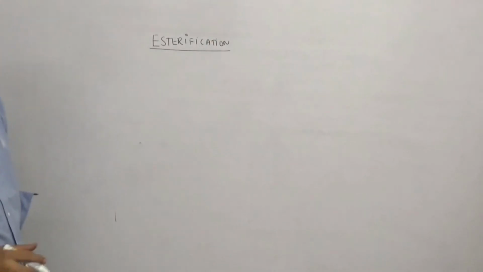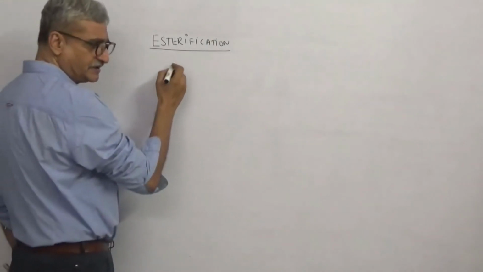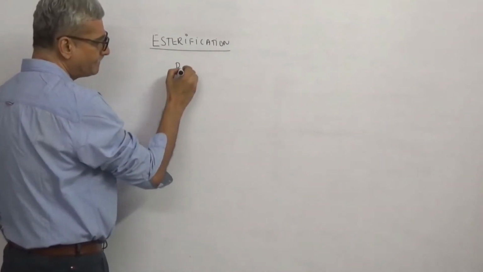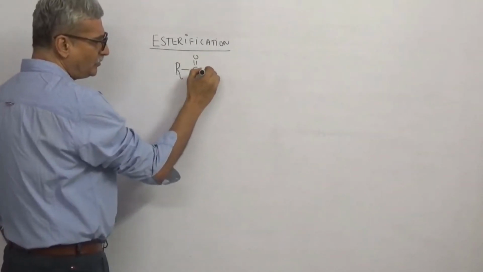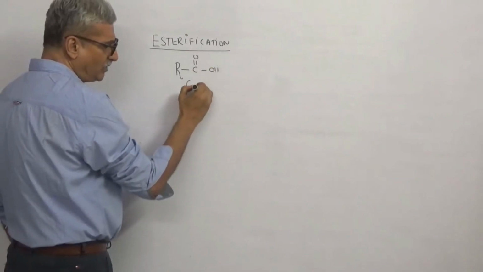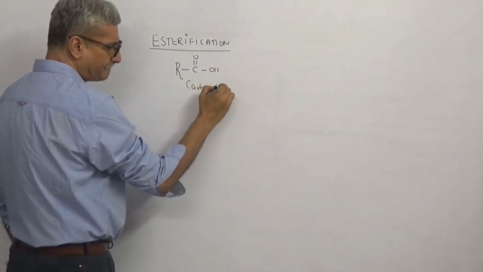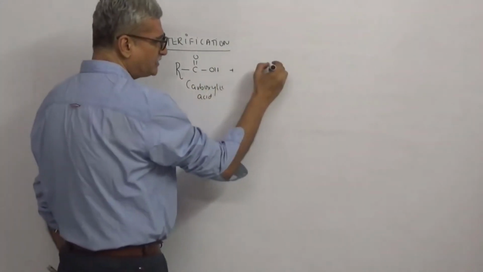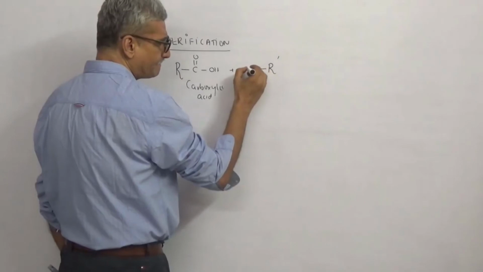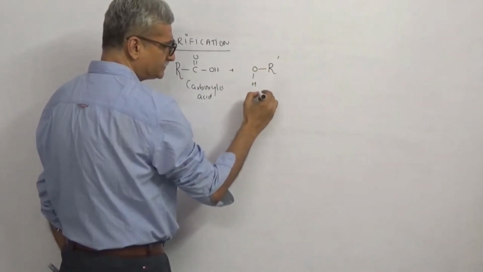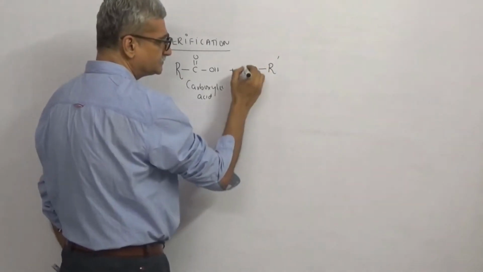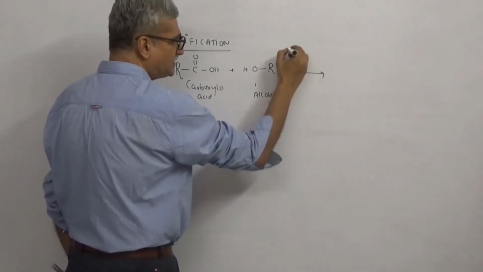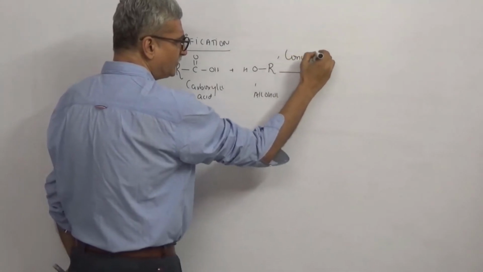When you're talking of esterification, you have R C double bond OH, a carboxylic acid, which reacts with R dash OH, an alcohol, in presence of concentrated sulfuric acid.